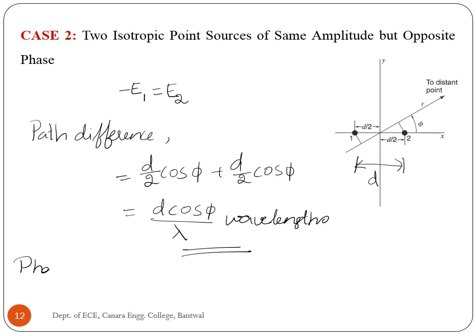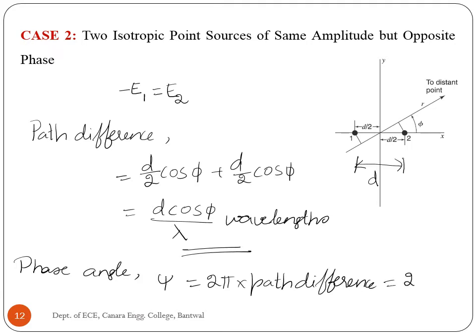Therefore, phase angle xi equal to 2 pi into path difference is equal to 2 pi d by lambda cos phi.